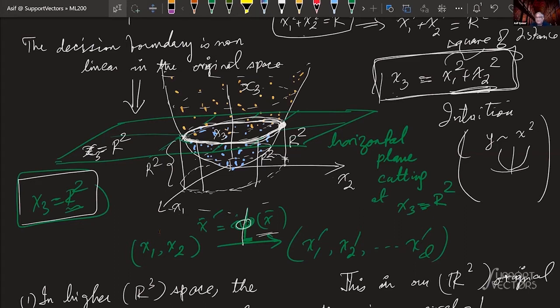That is just the height of the point from the ground. Any point, just ask how high it is from the ground, and that will tell you whether it's a blue point or a yellow point. This is a classic example of how you went to a higher dimension only to come down and discover a much lower dimension that will solve your problem. Just one dimension became your classifier. That's the beauty of it.